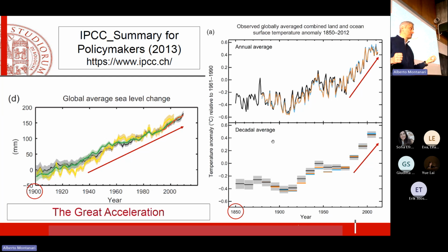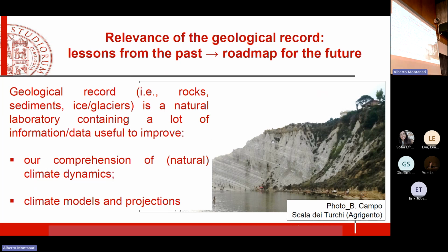And take into account that some changes in climate are very slow. They take thousands of years to take place. And therefore, we have to look at something different with respect to data. We have to look, for instance, at the stratigraphy of some locations which are particularly suited for providing information on the past climate.